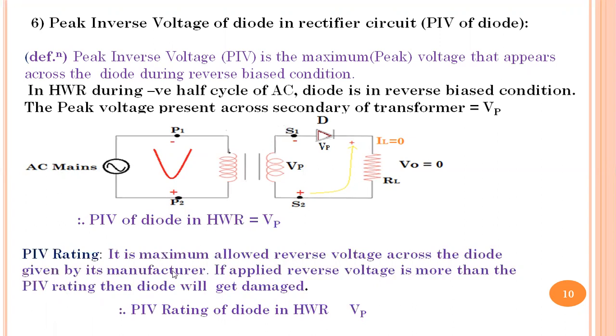So while constructing a half wave rectifier, we select a diode with a PIV rating at least equal to or greater than the peak value of voltage present across the secondary winding of the transformer. Is this clear?